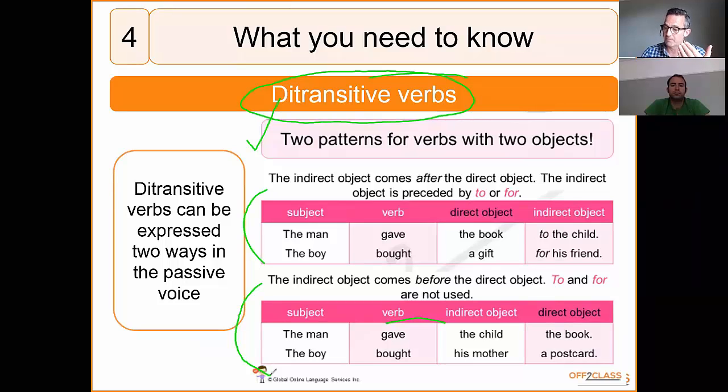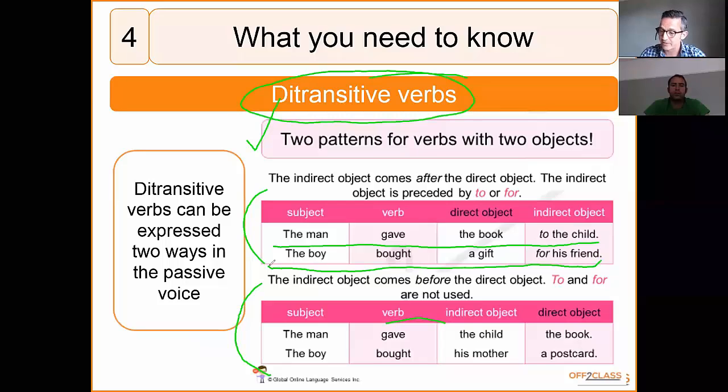Even when teaching passive constructions and passive voice, when I go and review the different types of verbs, I do it first using the active voice. To show that here you have the man gave the book to the child, but underneath we have another ditransitive verb, but for this verb, the indirect object is introduced not with to, but for.